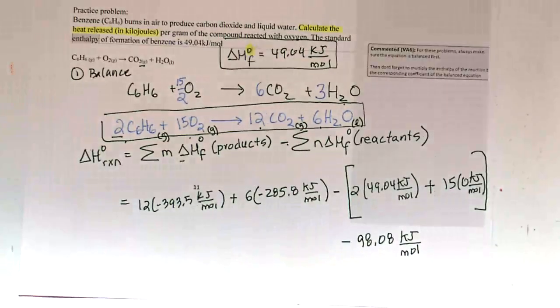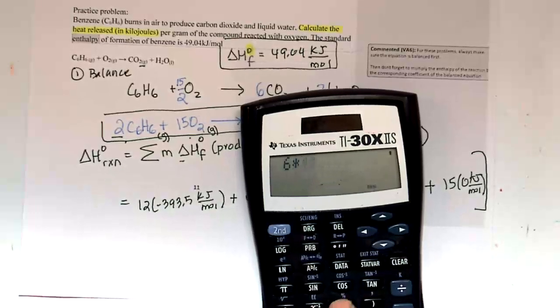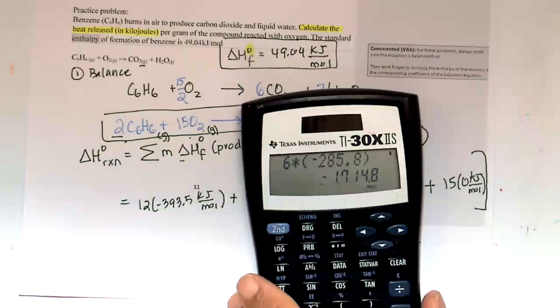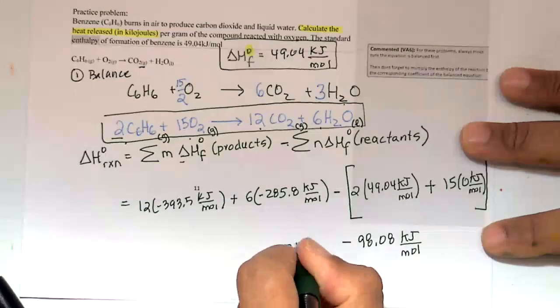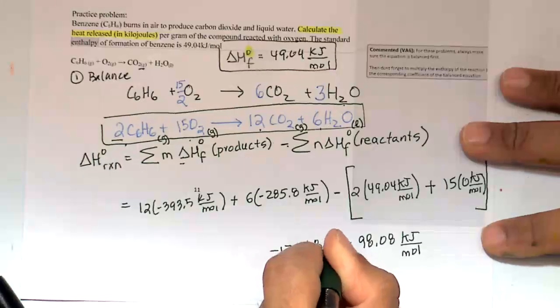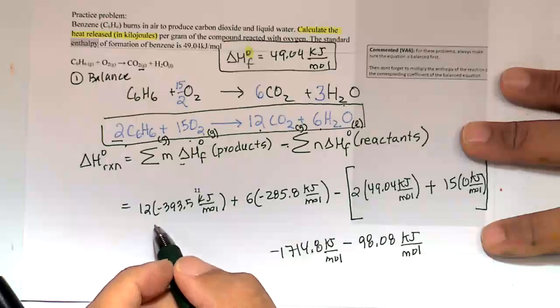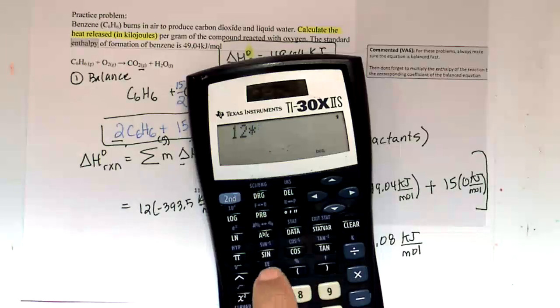Okay, what's 6 times minus 285.8? Minus 1714.8. That's minus. What's 12 times minus 393.5?